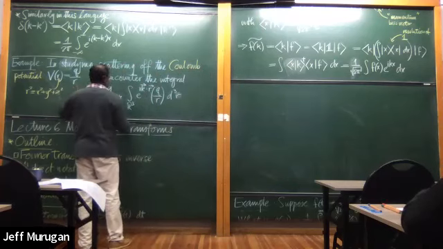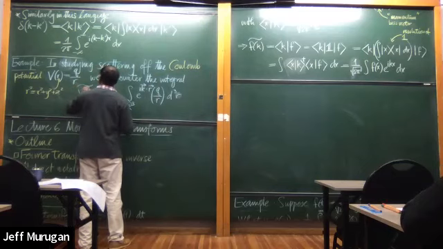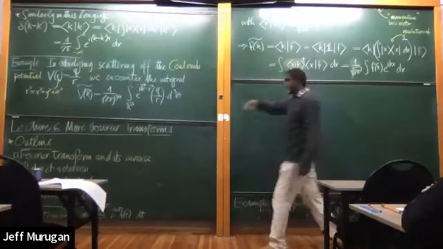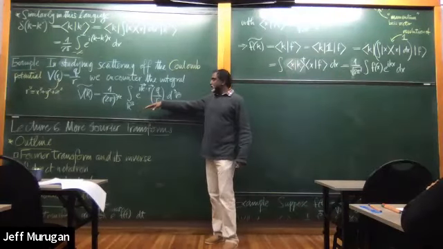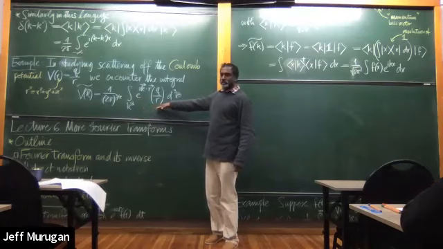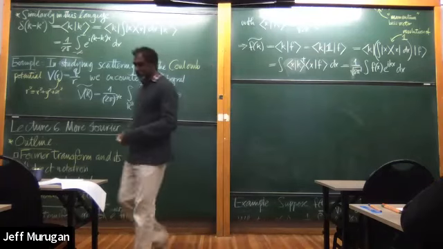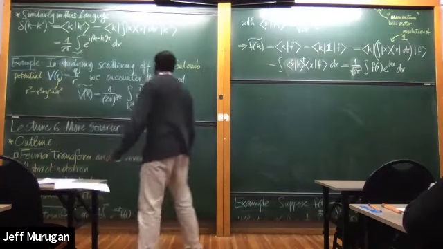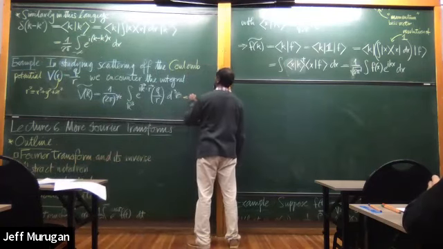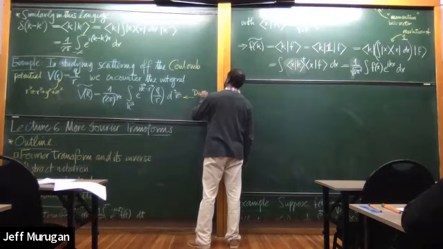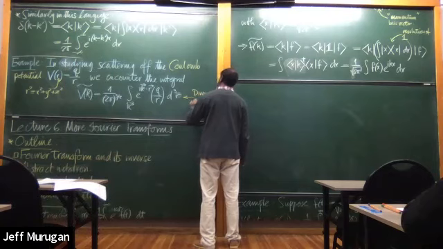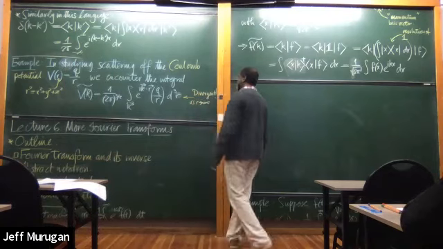Let's call this thing V tilde of k. So essentially, you will need to Fourier transform, for whatever reason, this Coulomb potential. The problem is that this is a divergent integral as r goes to infinity.